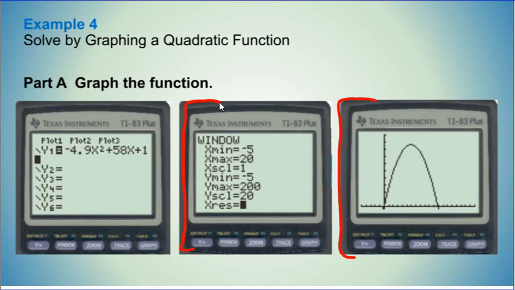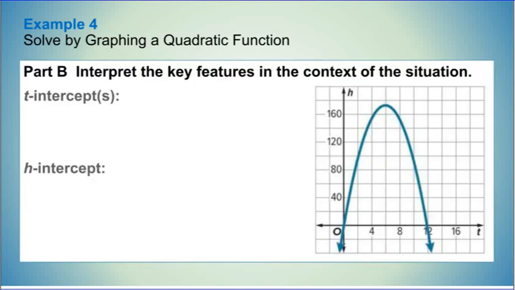Now let's go through the key features, interpreting them in the context of the situation. You can see our graph there with numbers on it. The t is your time, your x, and h is the height, which is your y. The x-intercepts: it crosses at 0, 0 and at 12, 0. What does that mean?